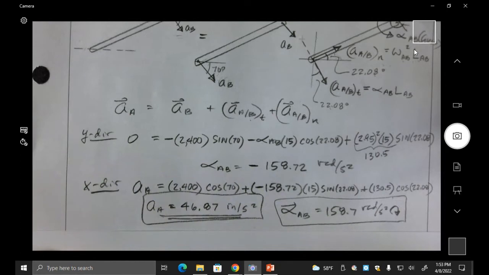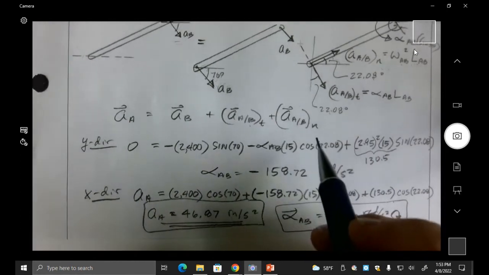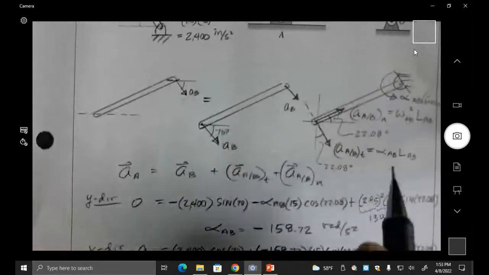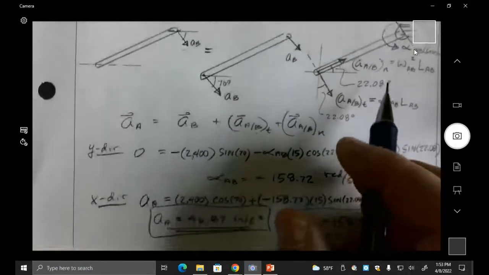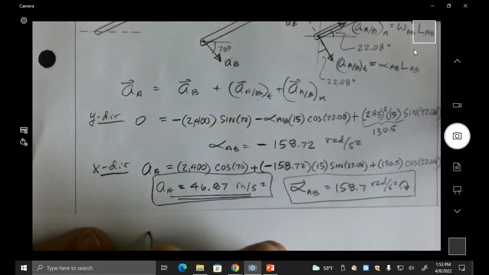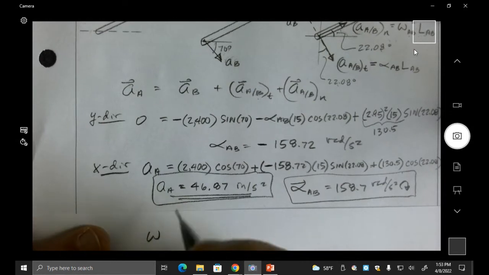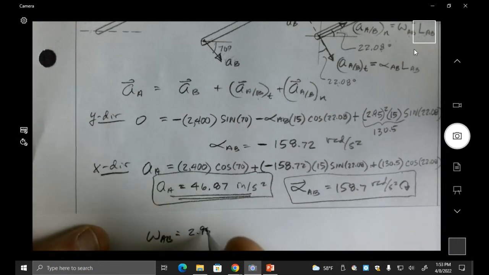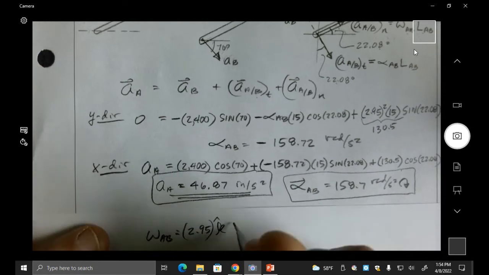All right, so what we kind of need in the beginning here is almost to do, do we? No, I don't know. We'll start out with writing down what we know. We know that omega AB is, they say counterclockwise, so it's 2.95 k, and it was positive because it was counterclockwise, radians per second.